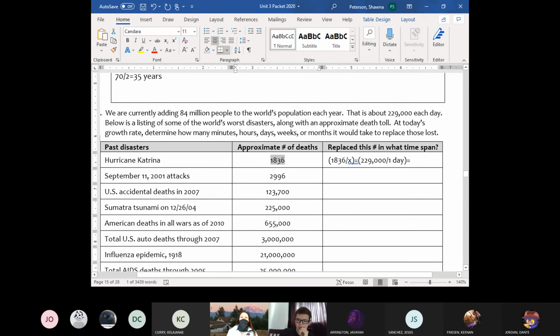Divided by variable x, wouldn't that be 60? You said less than a day, less than that would be an hour.